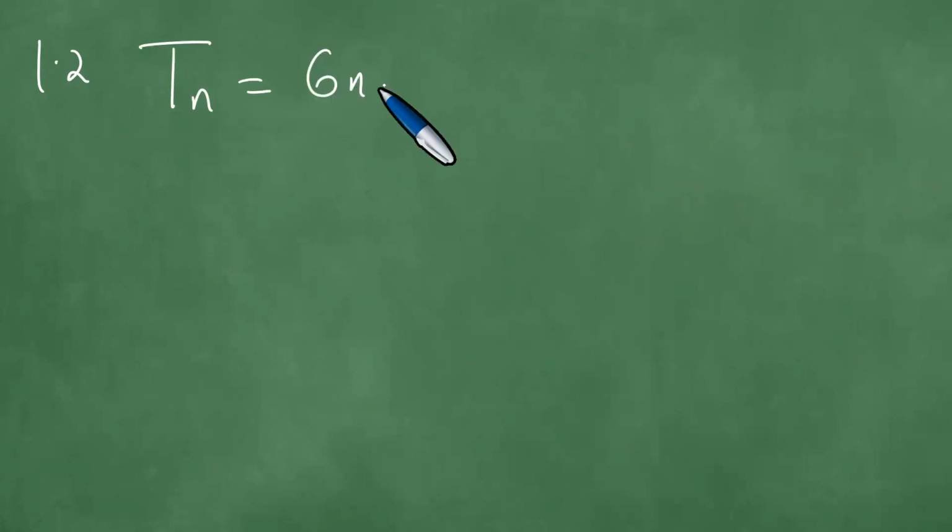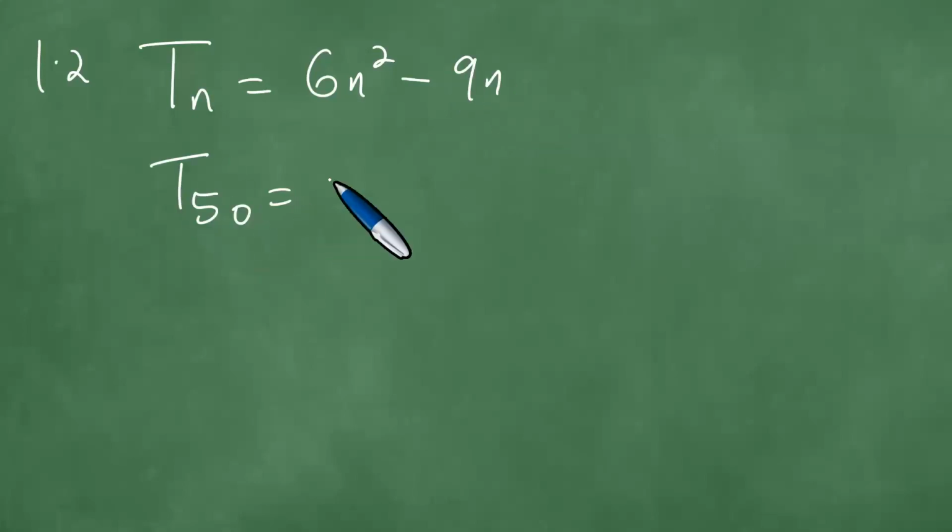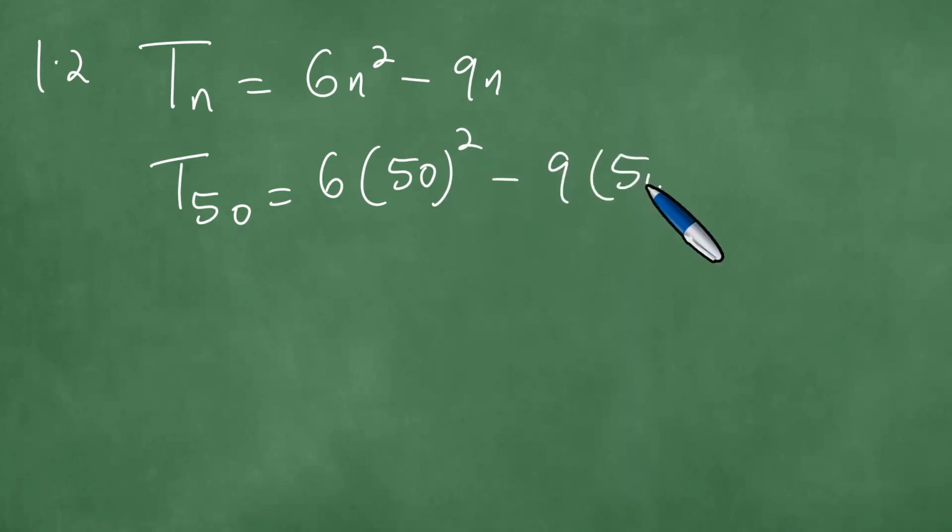Right, so we are looking at 1.2. From the previous question, we know that T sub n equals 6n squared minus 9n. So T sub 50 is equal to 6 times 50 squared minus 9 times 50.